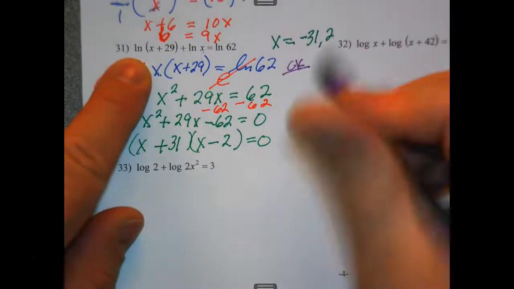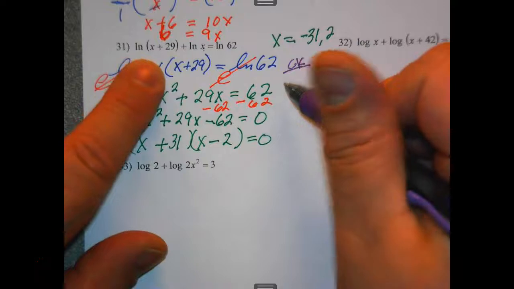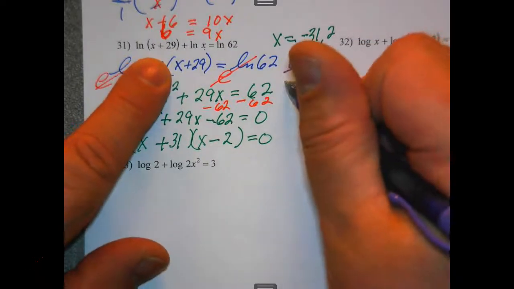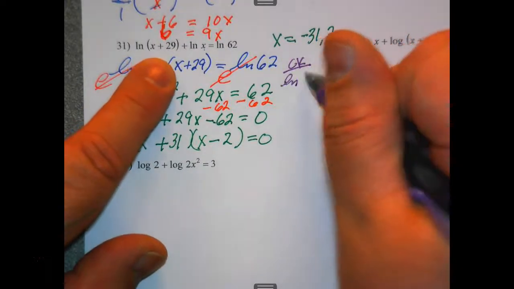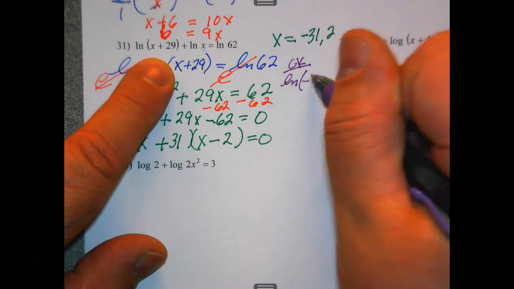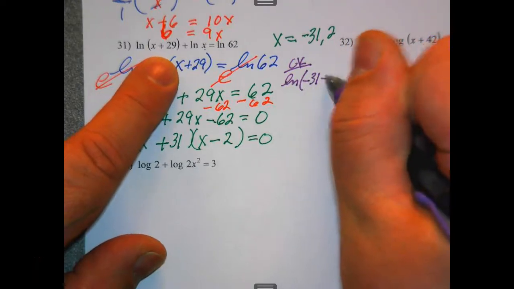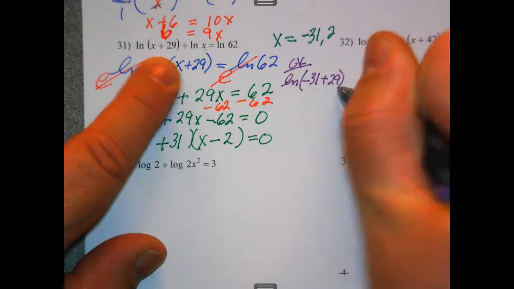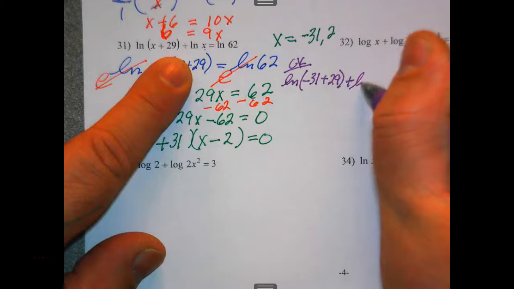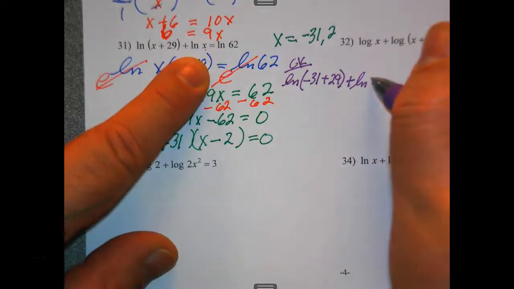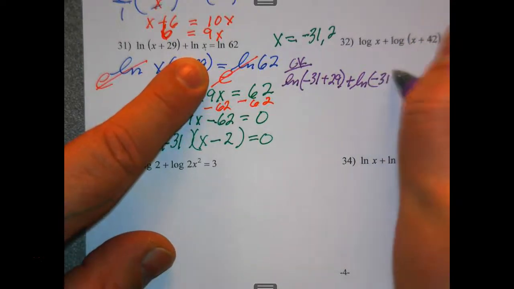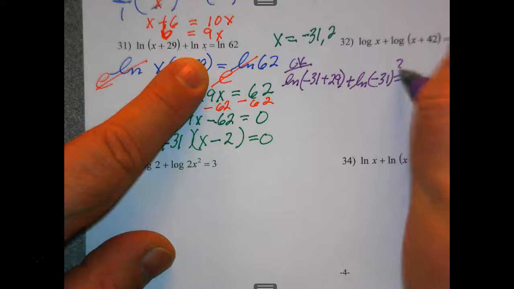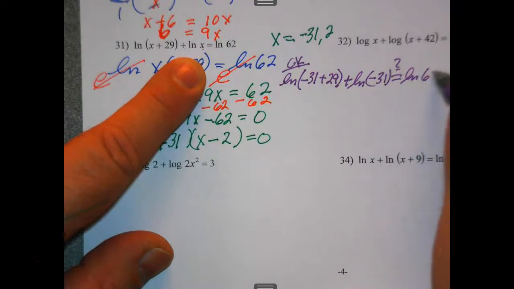Okay, so I have the ln. I'm going to try negative 31 first because chances are it's not going to work. Negative 31 plus 29 plus ln of x, which is negative 31. Does that equal ln of 62?